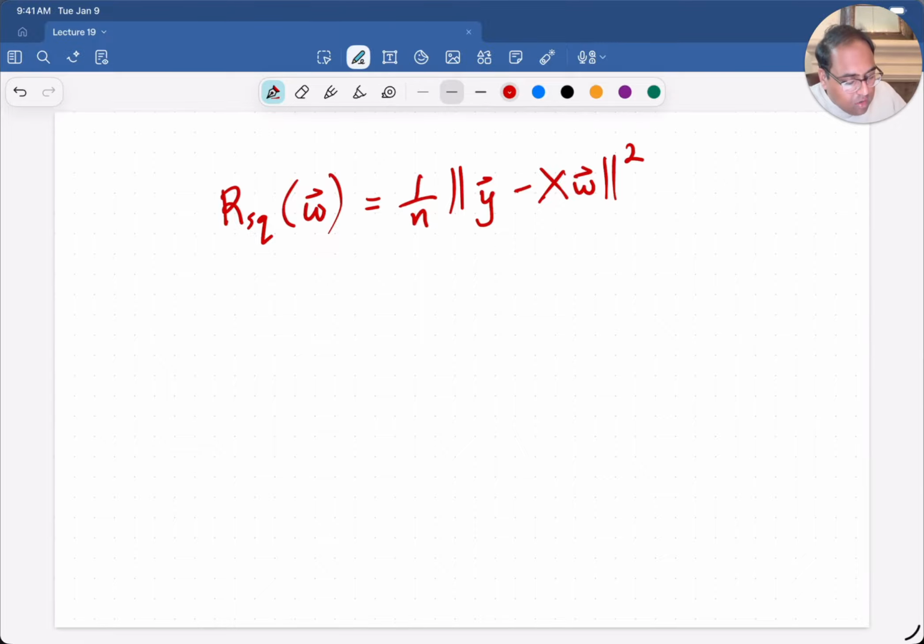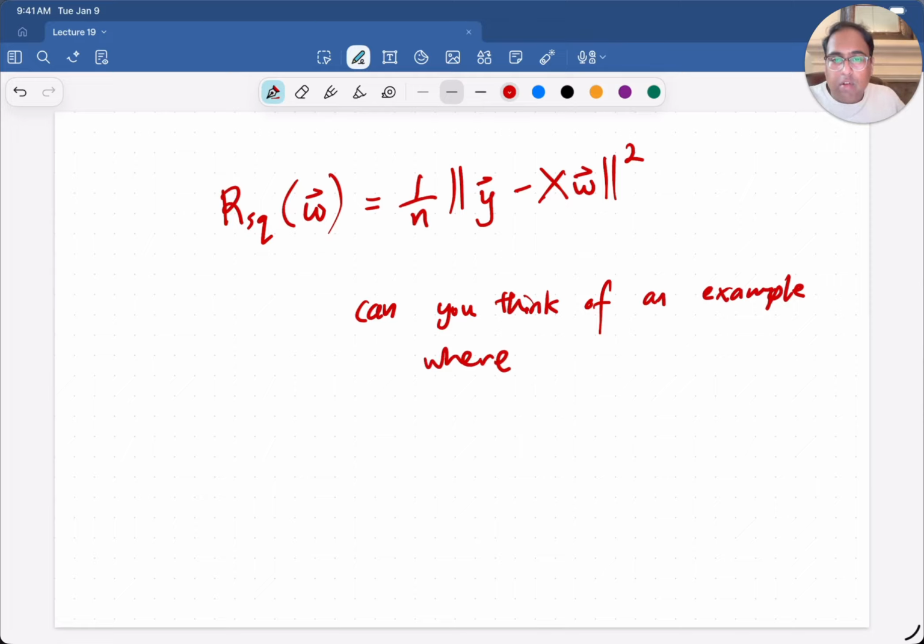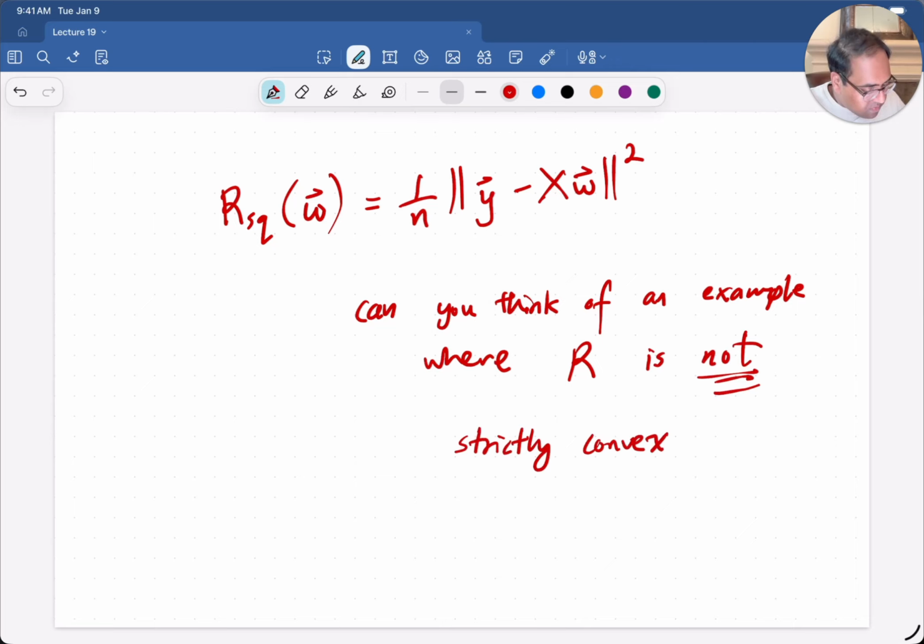But can you think of an example or a scenario where R is not strictly convex, but is convex?